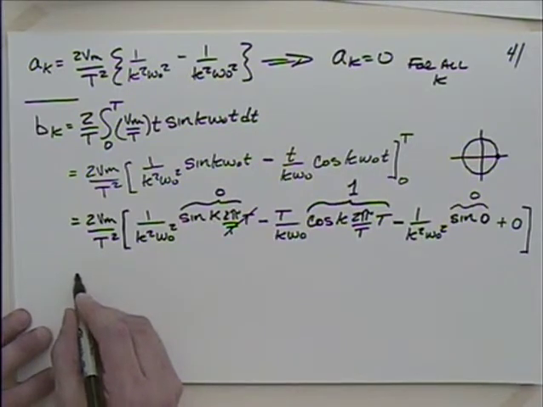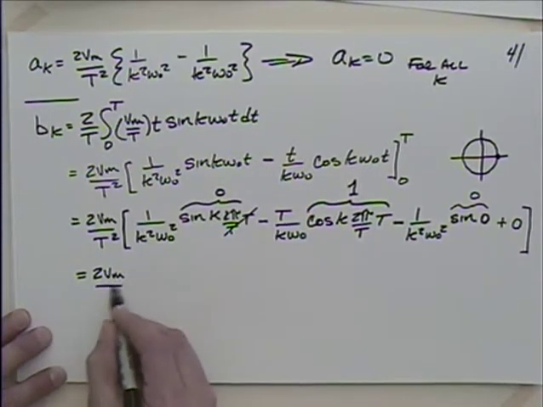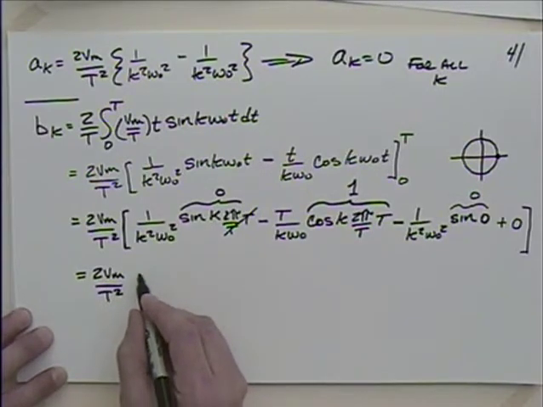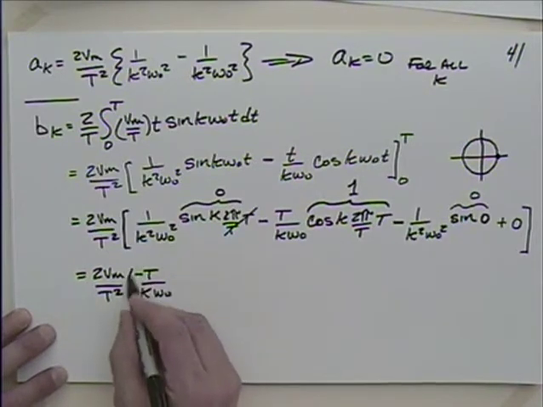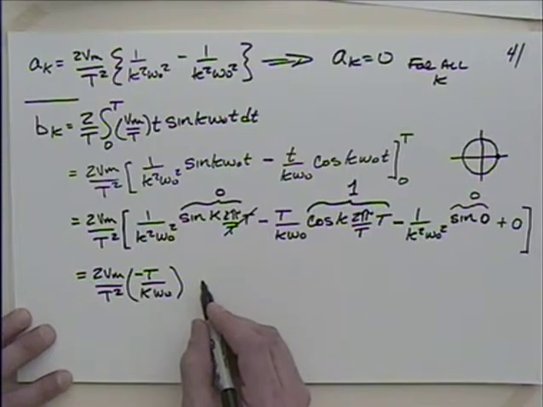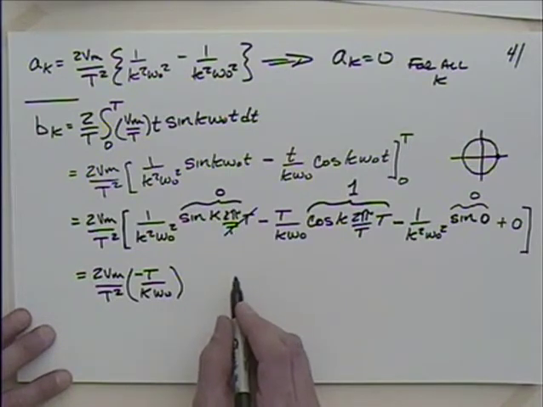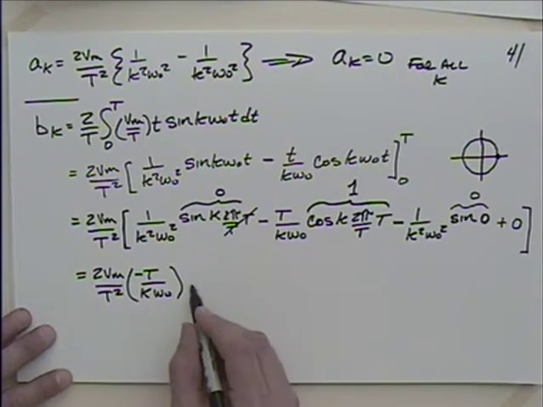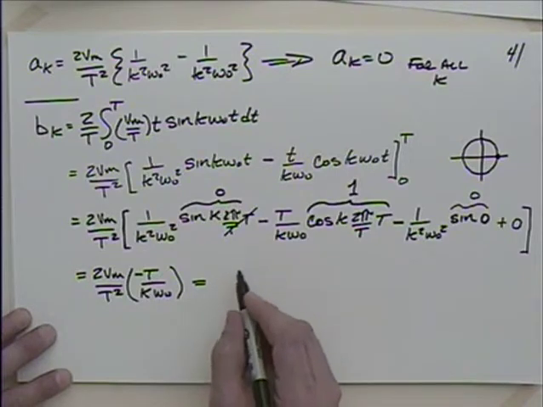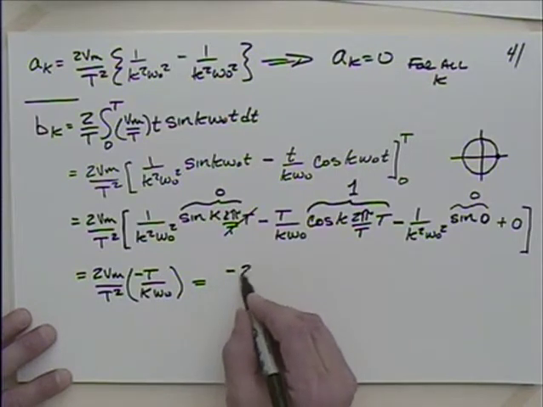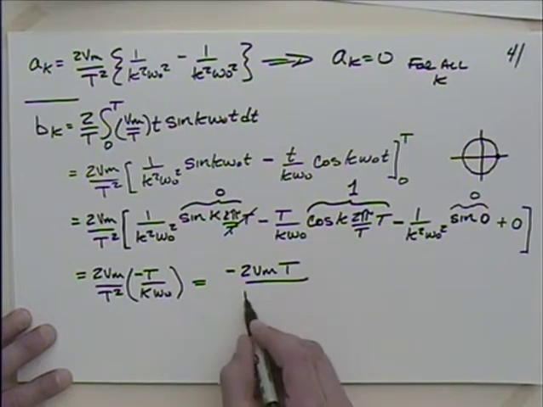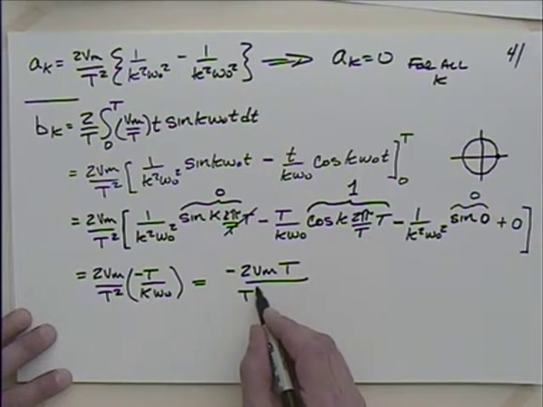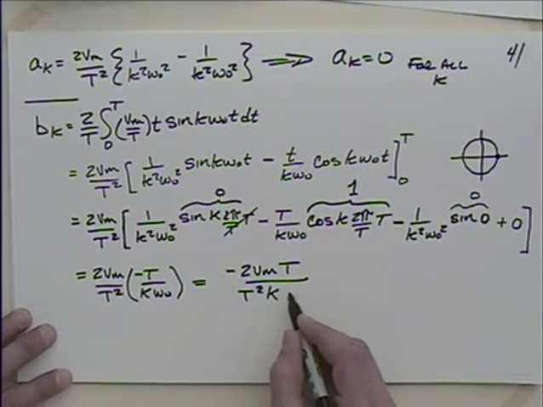So I could say that I have 2 Vm over T squared, then I'm going to have a minus T times k omega naught. Is that right? Yeah. Which I could start to work through. Put the negative sign out front, 2 Vm, then I'll have the period T, and we'll have T squared, k and omega naught.